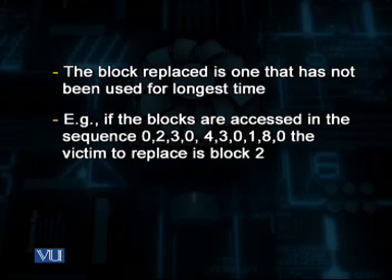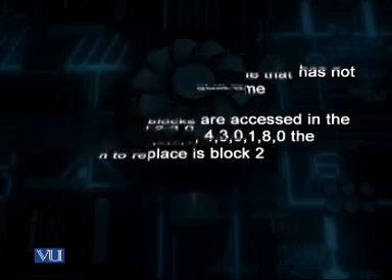Whereas, no doubt, block number 0 was used at the first place, but it was also used at the fourth place, and then it was also used at the seventh place, and then very recently it is used in this sequence. Whereas block number 2 is used long ago, therefore it is the most suitable target to be replaced by a new block.